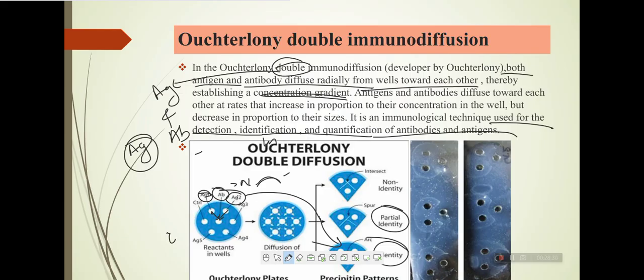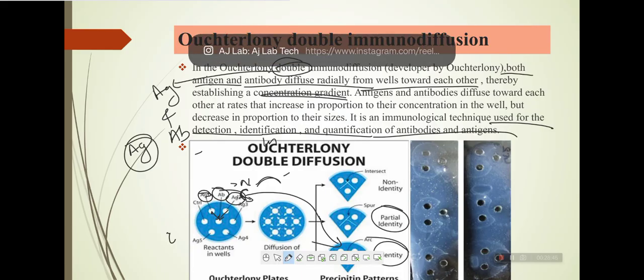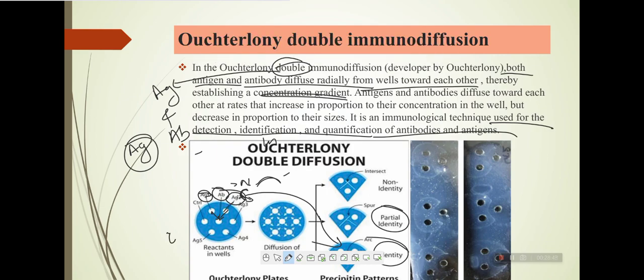Both share the common epitope, the star mark, for this antibody, but antigen 2 has another type of epitope as well. Okay, understand?